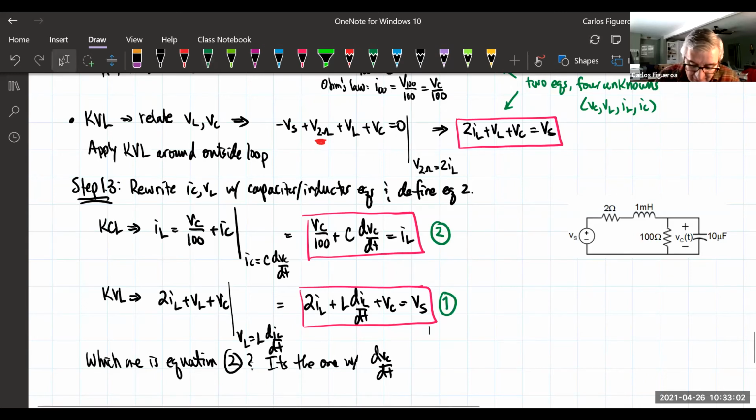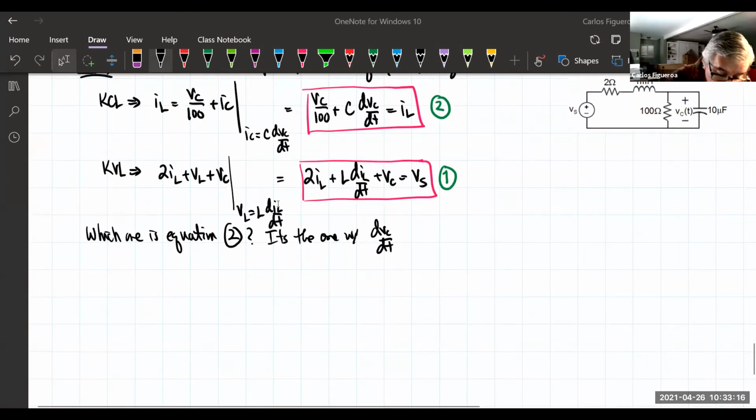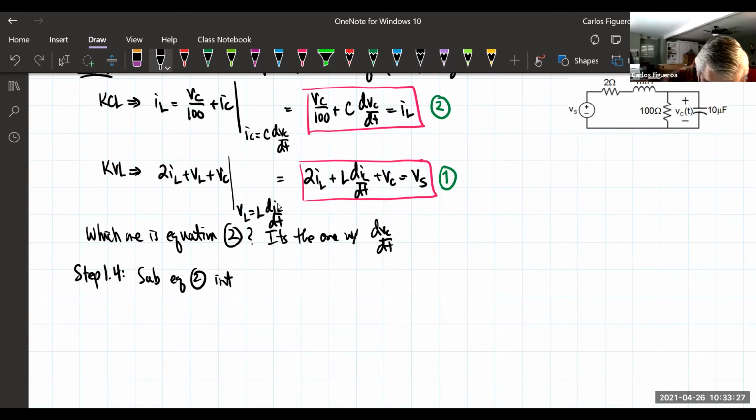So now that I've identified it, I'm going to get my differential equation. I'm going to do step 4, where I substitute equation 2 into equation 1. Remember, this essentially eliminates the inductor current from the equations.